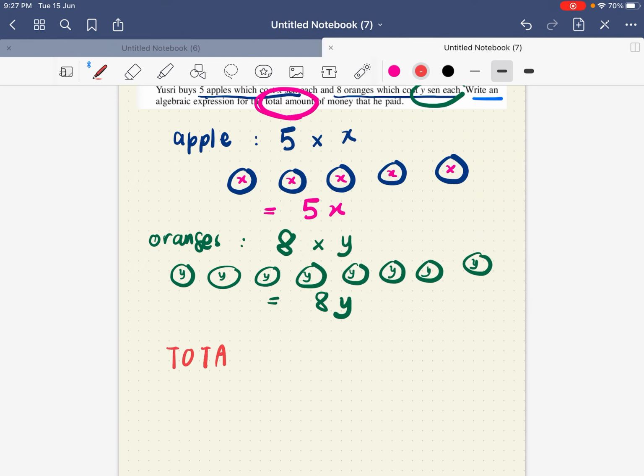Okay, total dia bayar sama dengan 5X plus 8Y. Lepas tu you kata 13XY. This is wrong. Dia bukannya 13XY.